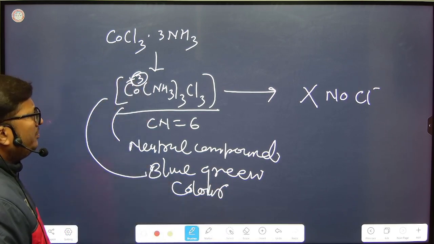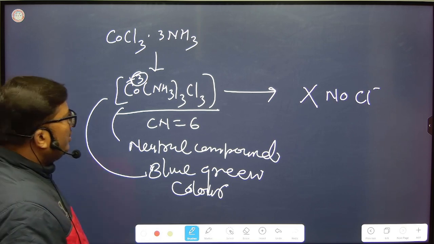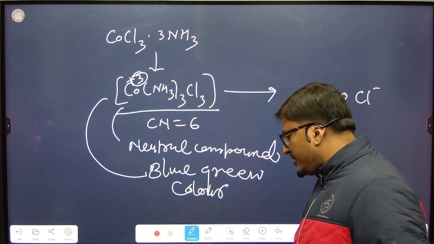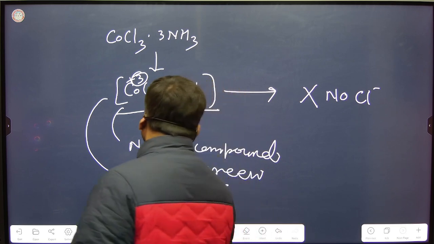So in this way he has got various octahedral geometries through the variation of the coordination sphere, right?